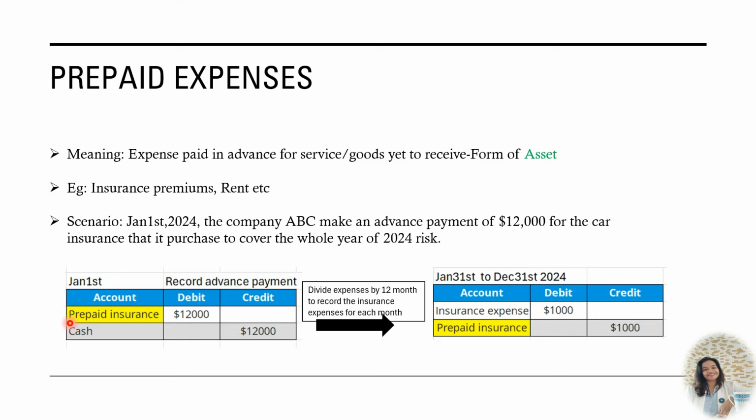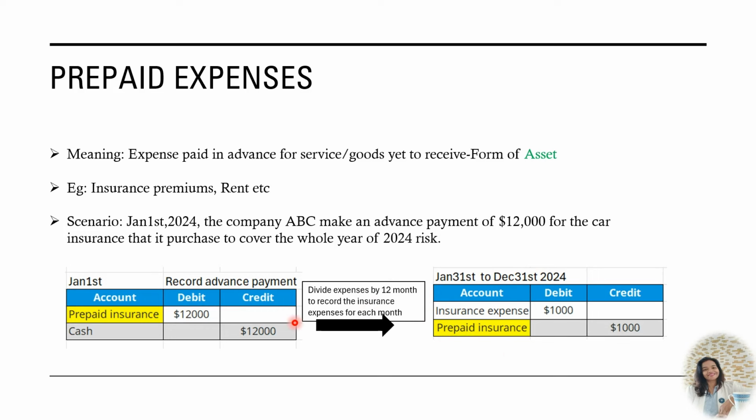So that will be prepaid insurance account debit to cash account. Since the payment is made to cover the whole year's risk, I divide this amount by 12 months and calculate on a pro rata basis every month from Jan 31st up to December 31st. I'll pass an entry saying insurance expense account debit to prepaid insurance.